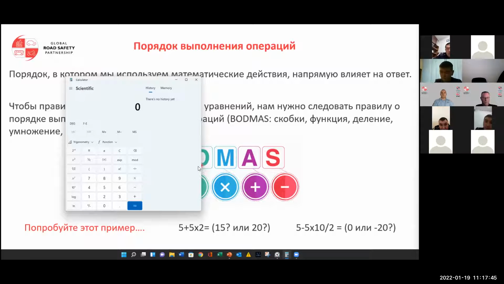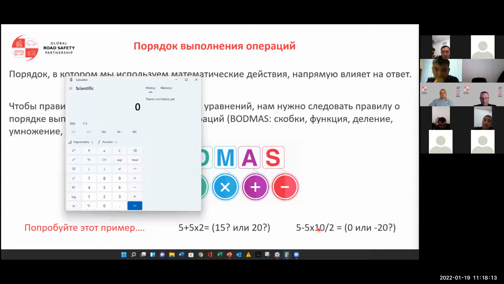The good thing is that calculators, whether you have a calculator by itself or the calculator in your phone, they apply this rule. They know BODMAS and they work that way. We'll do the next one, another exercise. Again, from left to right. So we have 5 minus 5, which is 0.